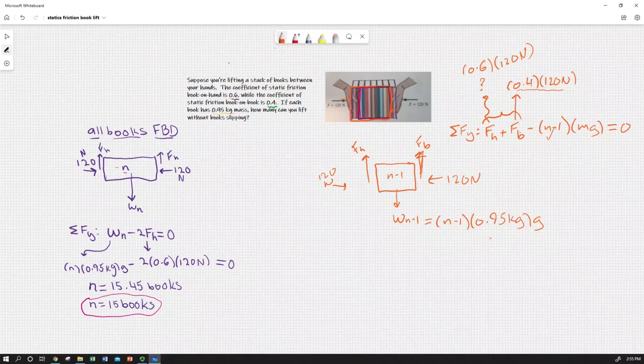So we have to assume any of those interfaces could slip. We're not sure exactly which one is going to go, so we basically went through and tested them all. And by adding books to the book-on-book frictional case, we basically allowed ourselves to solve for as many books as needed to exceed our imminent slip condition with our one equation of equilibrium. So that is it for this friction statics example.